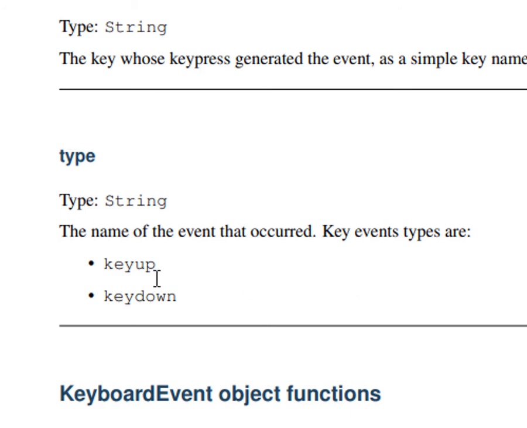If I use the key up type and press the A key, then it will not execute until I release the A key. Key up means when you press and then release the key, it will execute the operation triggered by this type, and key down executes when you press the key. Hope you understand this.